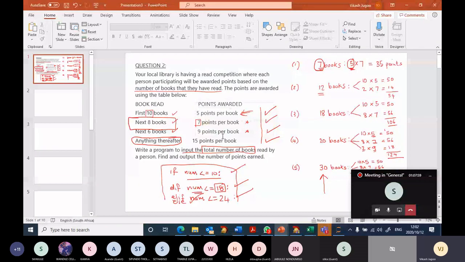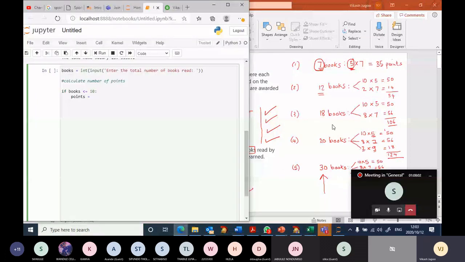So that was just an example. So you take the number of books and multiply it by 5. There we go. Okay. So for you to come into this if check means your books are less than 10. So take the number of books and multiply it by 5.